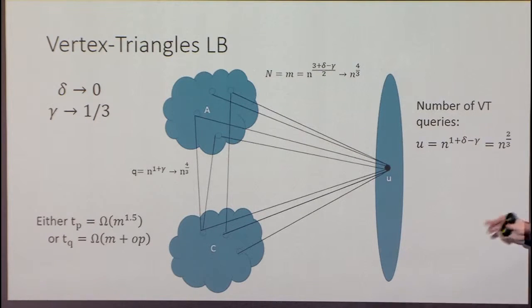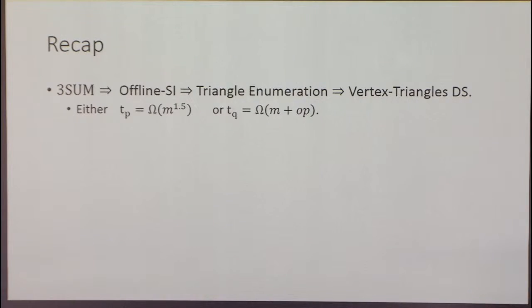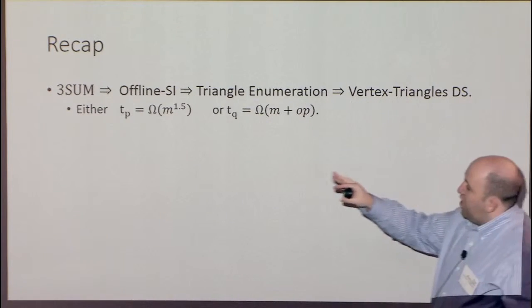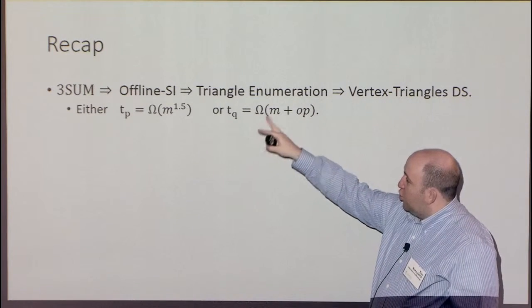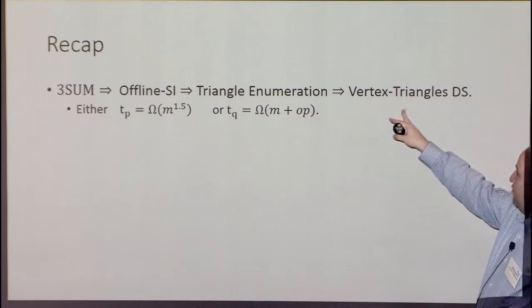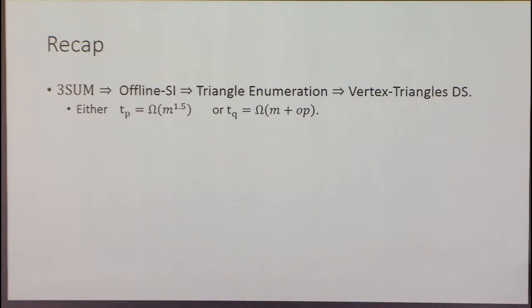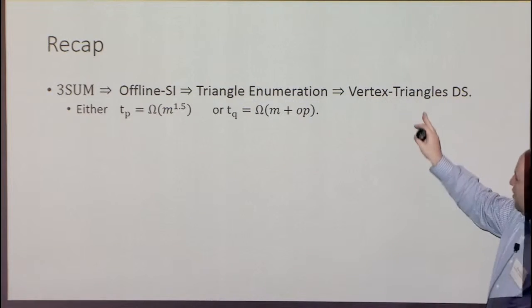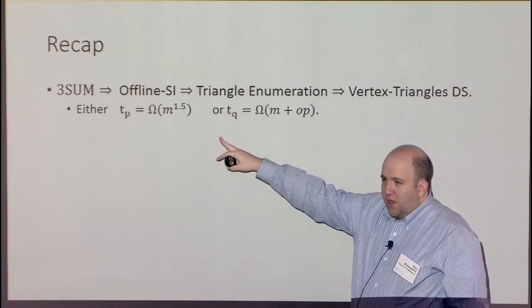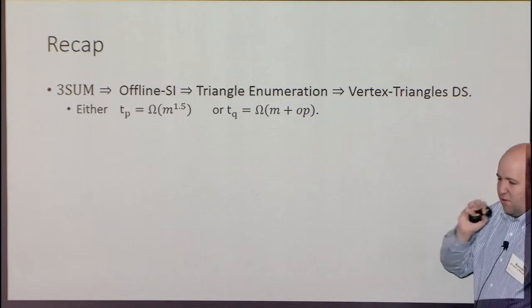So one of these trivial things has to happen, which is quite unfortunate for this type of queries. Let's recap quickly what we've said so far. We've claimed that threesome reduces to offline set intersection, which reduces to triangle enumeration, which reduces to the vertex triangle data structure. And the conclusion is that either the pre-processing time needs to be m to the 1.5, or the query time needs to be linear, m.